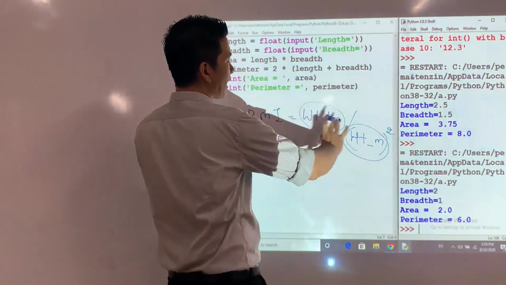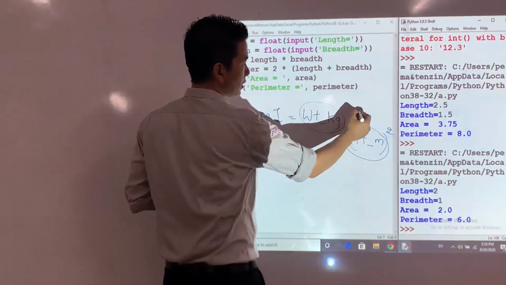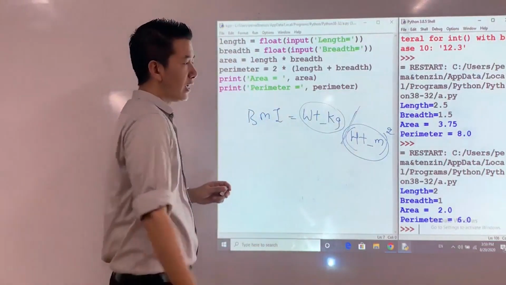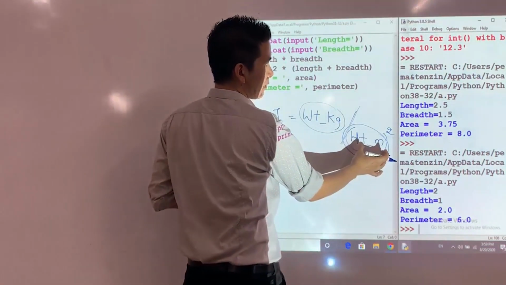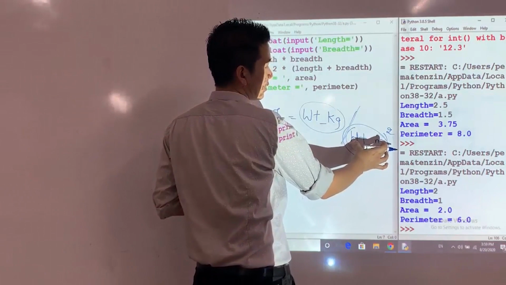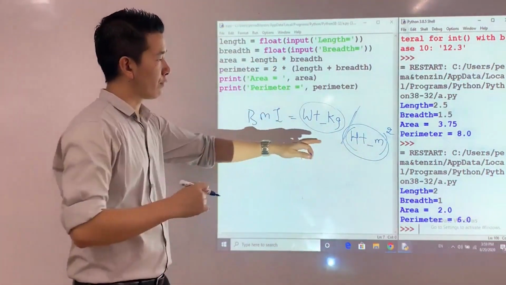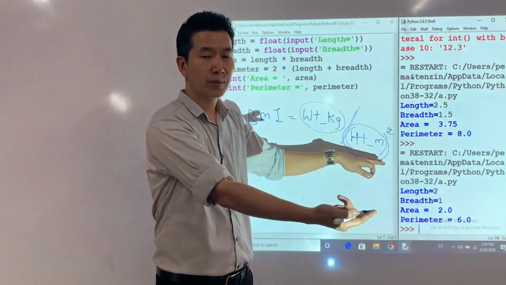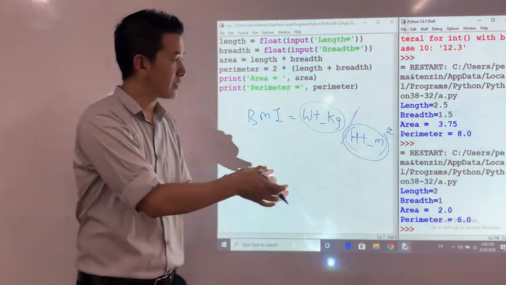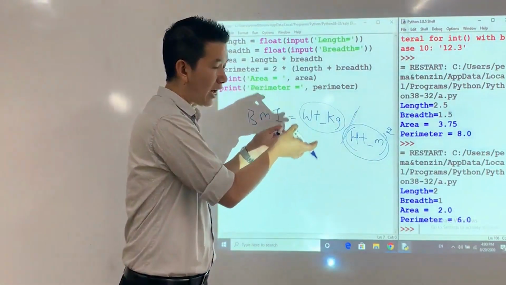So when you actually carry out the calculation, you have to use this division sign, okay? And then you can have this particular variable multiplied with itself, okay? So that will give us the square of the height.